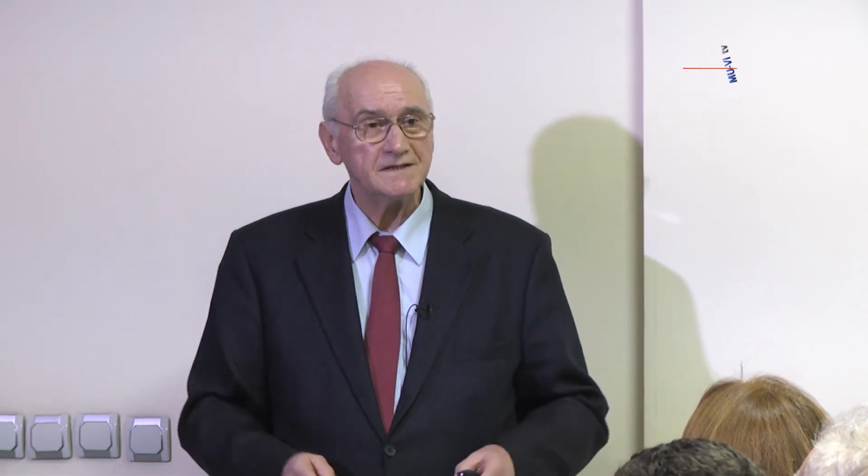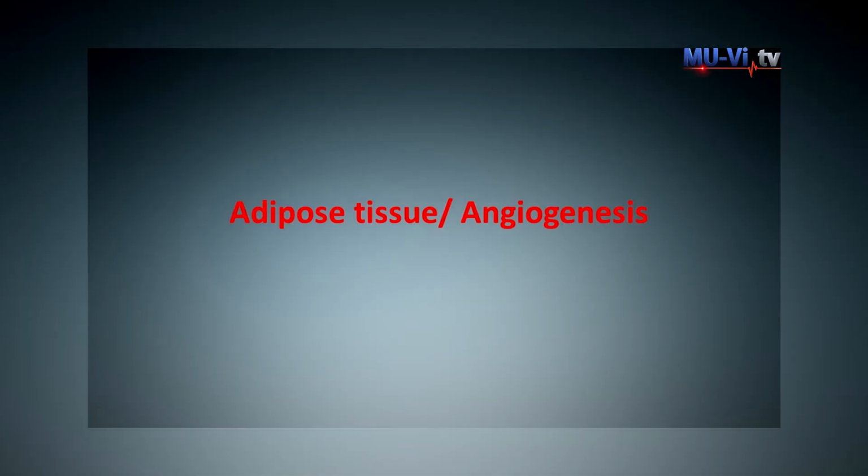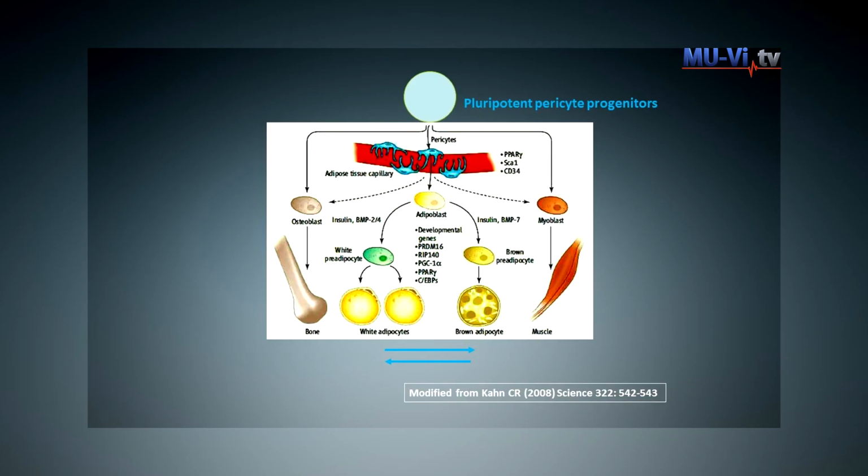Here in the Department of Anatomy in Varna, a very important question under study is the adipose tissue and angiogenesis. I would like only to show that the adipocytes originate also from pericytes in the adipose tissue. We have here the pluripotent pericyte progenitors.